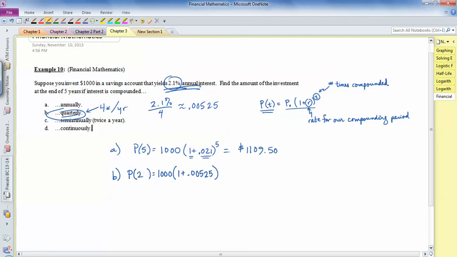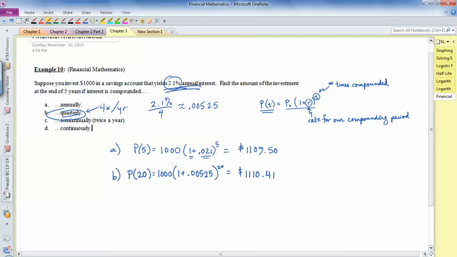So I'm going to end up compounding 20 times. So if I type that in, 1,000 times 1.00525 all to the 20th, then that ends up being $1,110.41. It's 0.40558, but that's about 41 cents.